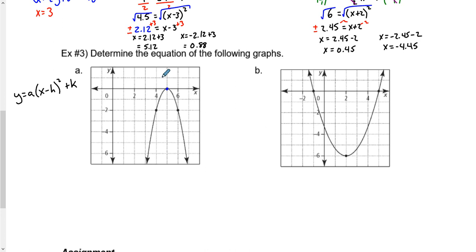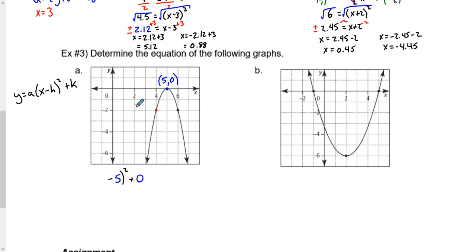So the great thing is our vertex is our hk. Well, this is a vertex 5, 0, which means when we plug it into our formula, we'd be plugging in a 5 in for the h and a 0 in for our k. We also have some more points.